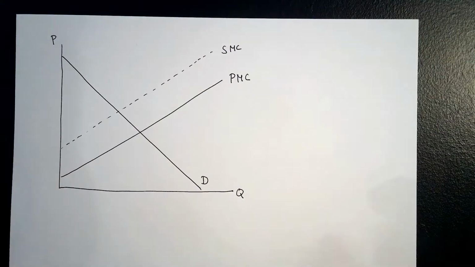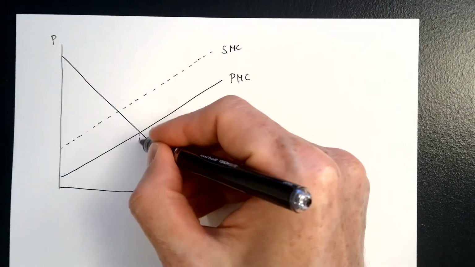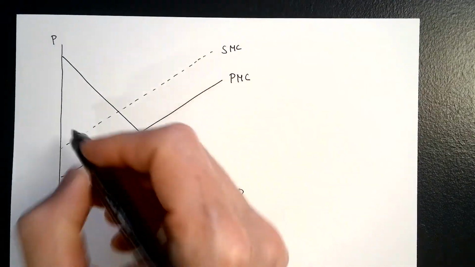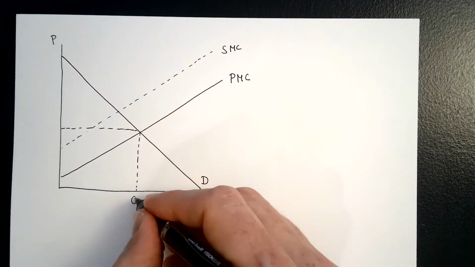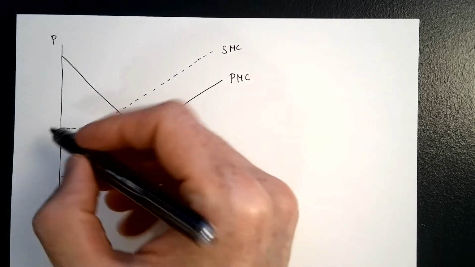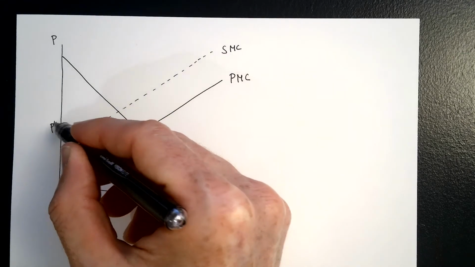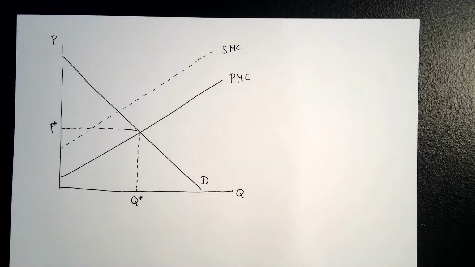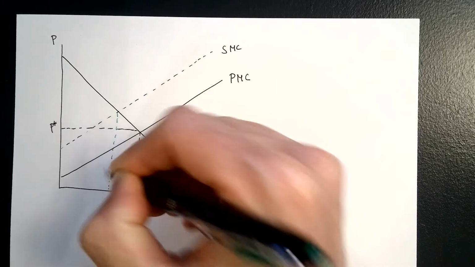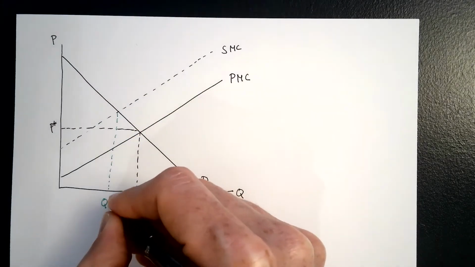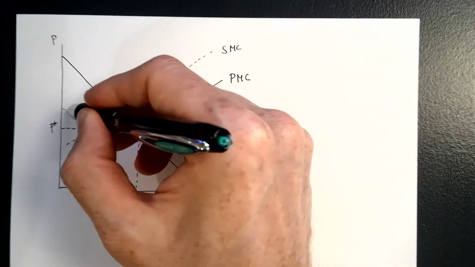So we have seen that in the absence of any intervention, market participants are trading at Q star and P star, despite the fact that it would be better if they traded at QE, at the efficient outcome, and PE.